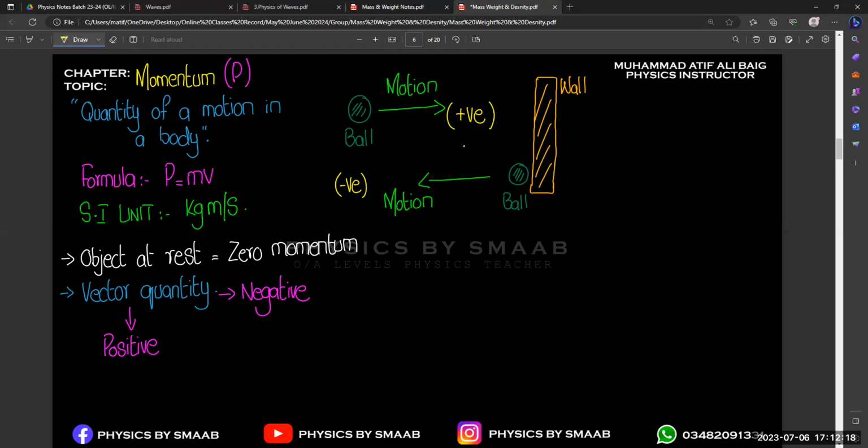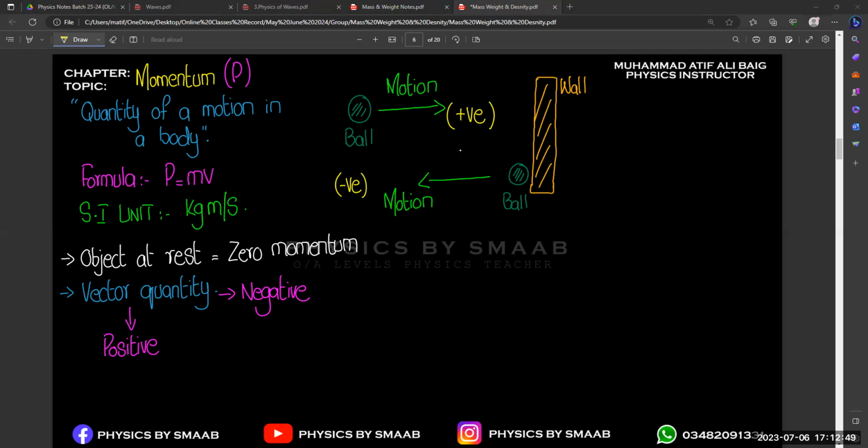Let's suppose the wall is on the left-hand side and the ball is moving towards the left-hand side, okay? You may also consider that direction positive because that was your initial motion. So there is no hard and fast rule to always consider the right-hand side positive. It's up to you, because normally we consider the graph, where the positive axis is on the right-hand side. That's why we consider the right-hand side as positive and the left-hand side as negative.